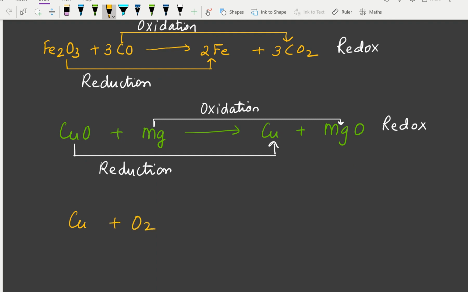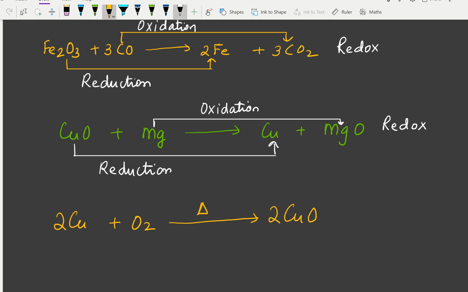When copper is heated in the presence of oxygen, what happens? I get copper oxide. Any balancing needed? Yes, I need to put in 2 over here. Why 2? Because oxygen is O2. So in this case, copper oxide becomes 2 as well.